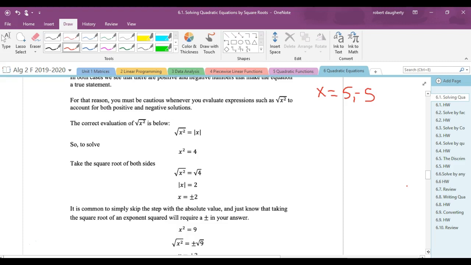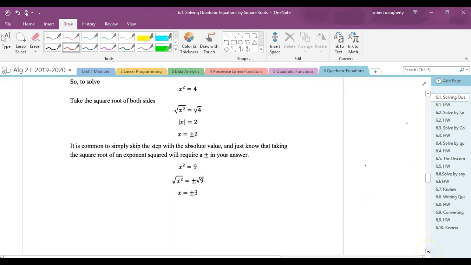Now, what most people are going to do, instead of going through this step of the square root of x squared being the absolute value of x, is skip over that step and just put a plus or minus in the answer. Let me show you what I mean. When you're trying to solve x squared equals 9, if you take the square root of both sides, all you have to do is put a plus or minus there.